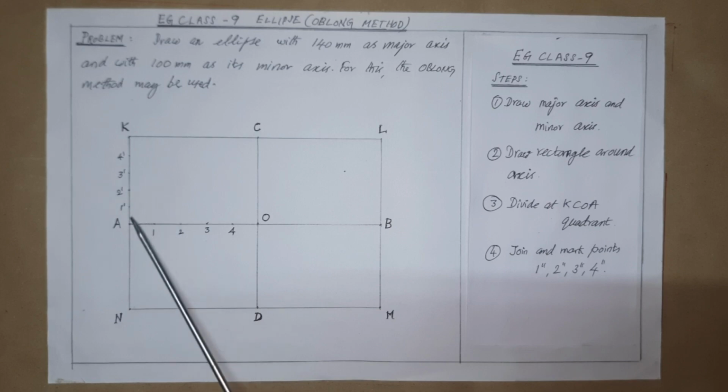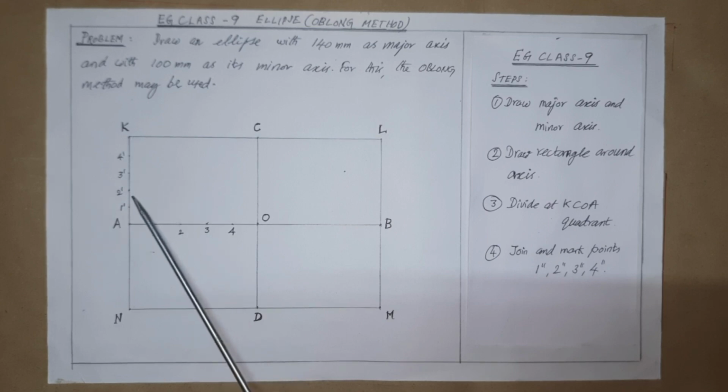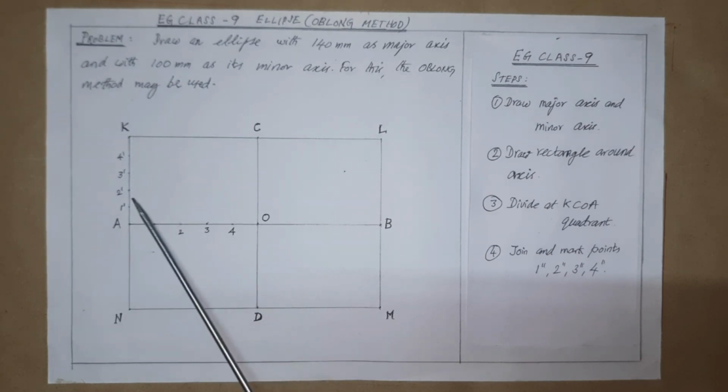Next, one important thing to remember here is if AO is divided into 5 equal parts, then AK should also be divided into 5 equal parts based on their own length, even though the gap between successive points in AO and the gap between successive points in AK vary in measurement.